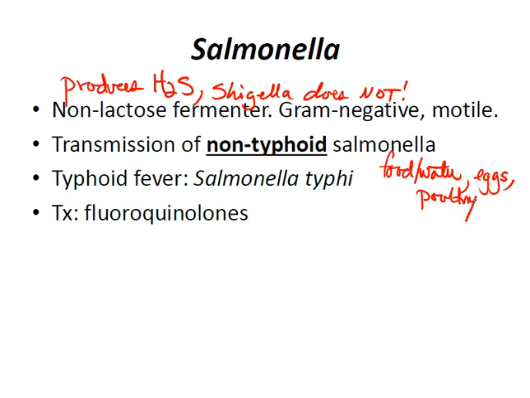Also occurs via direct contact with reptiles and amphibians. So what do we know about typhoid fever or Salmonella typhi? Humans are the sole reservoir, and this occurs through fecal-oral transmission.